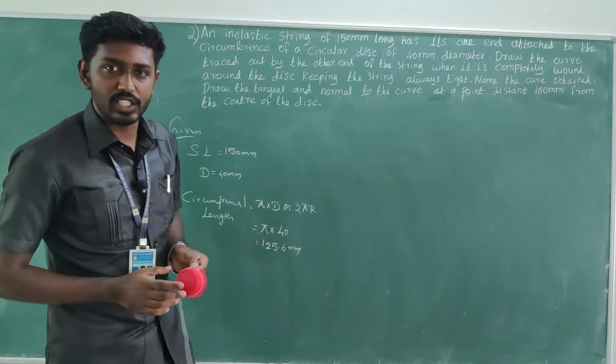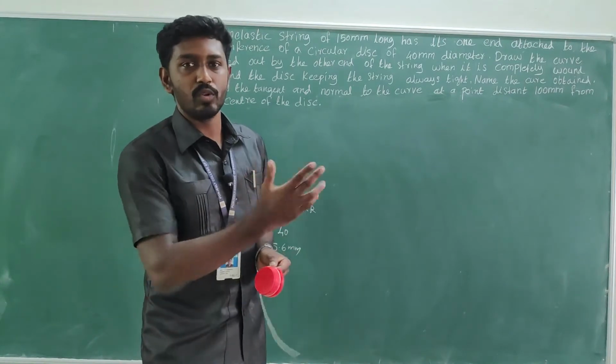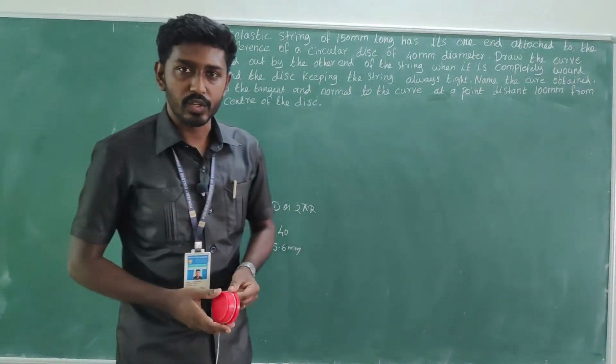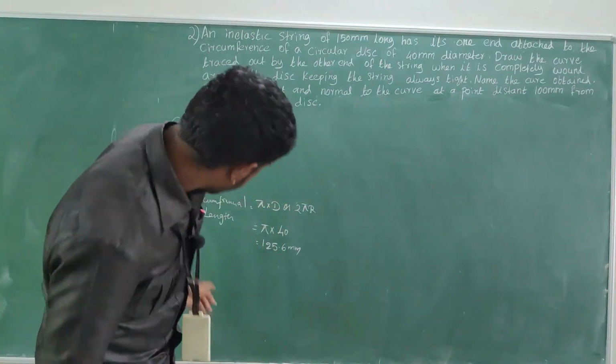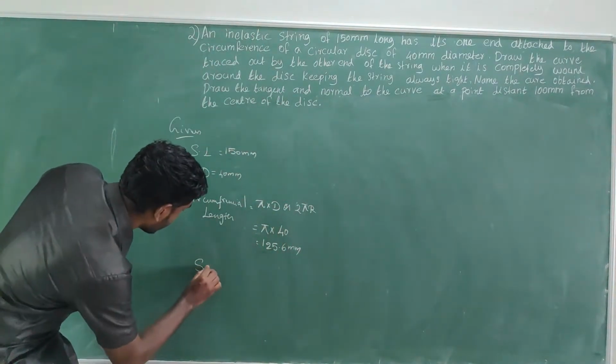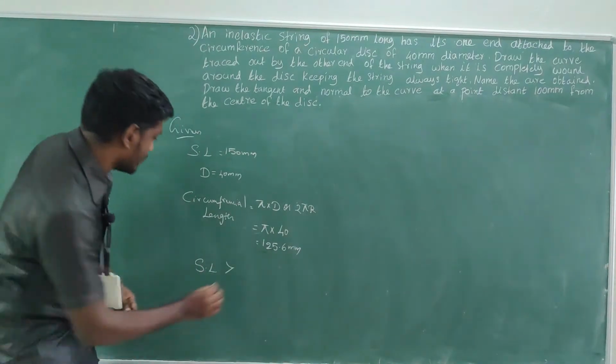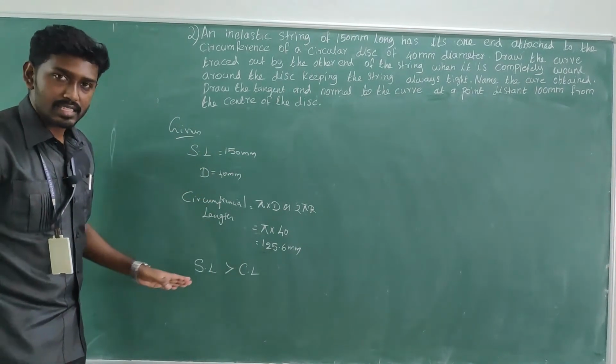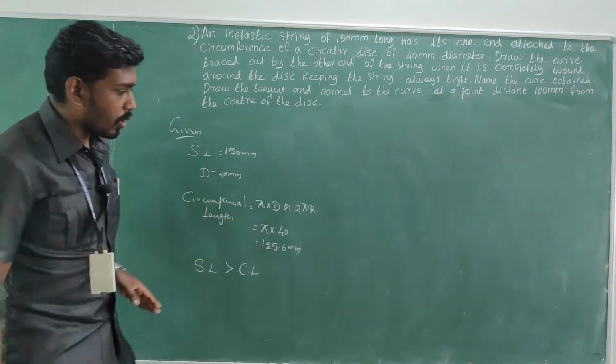For this condition, how are we going to trace out the curve? Let me see what happens here. The string length is greater than the circumferential length.